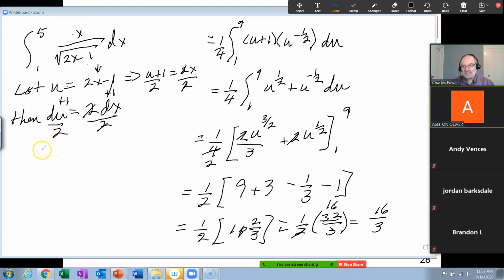I was going to say, where did they come up with this? Their U substitution was this: let U equal to the square root of 2x minus 1. Now, I would never recommend doing that. I'd say the innermost part of the most complicated part. Ours worked pretty easily. If you go through what they do, it works well, it comes out exactly the same answer. It has to.